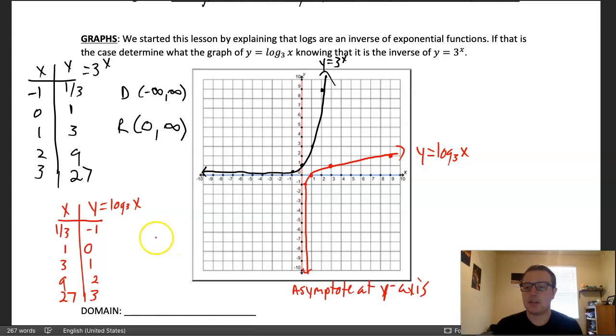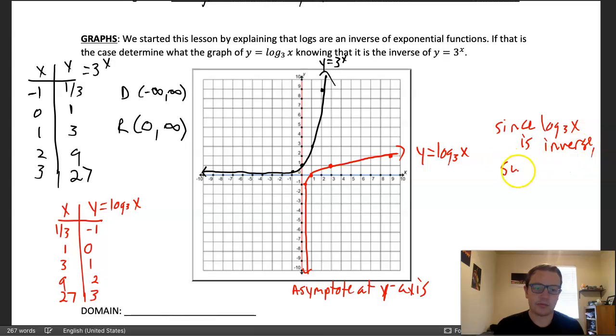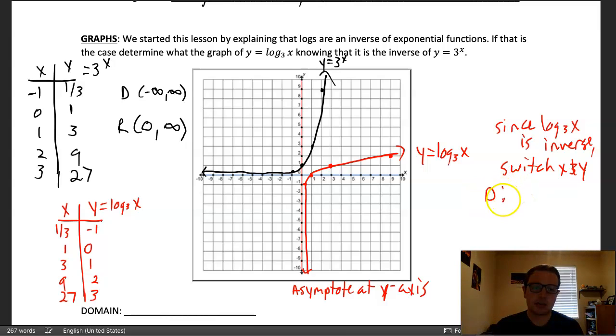Now all we have to do to find the domain and range, since log base 3 of x is the inverse, all we do is we switch x and y, and we switch our domain and range. That means that our domain for y is equal to log base 3 of x is going to be the range of 3 to the x.